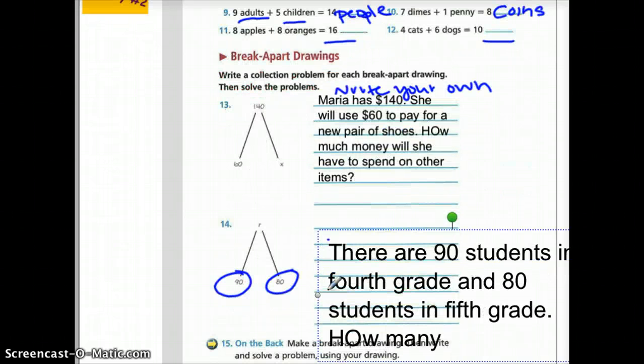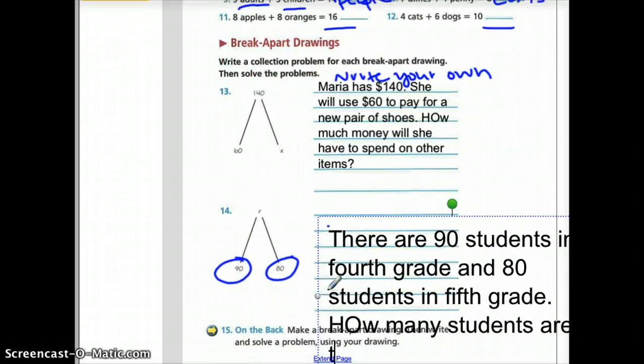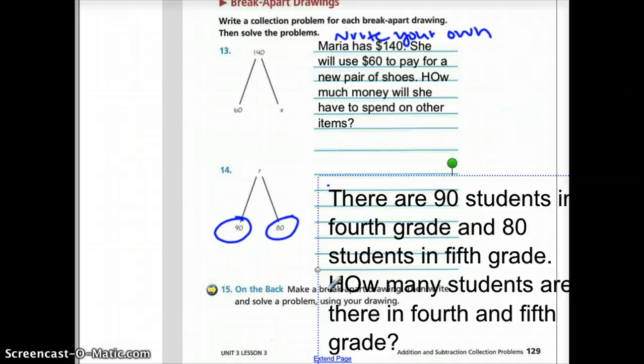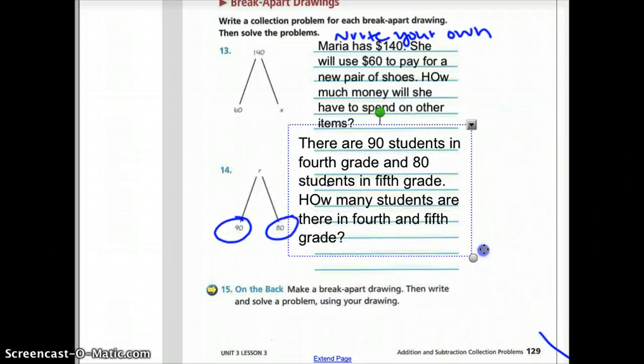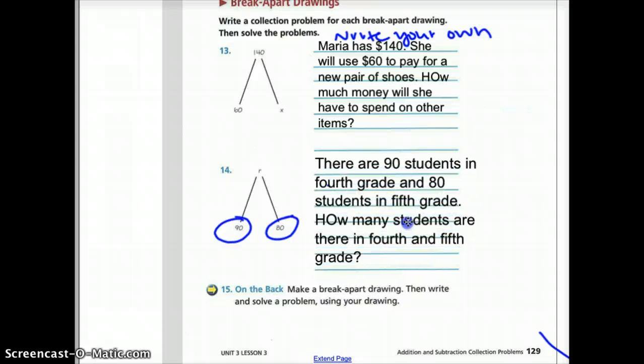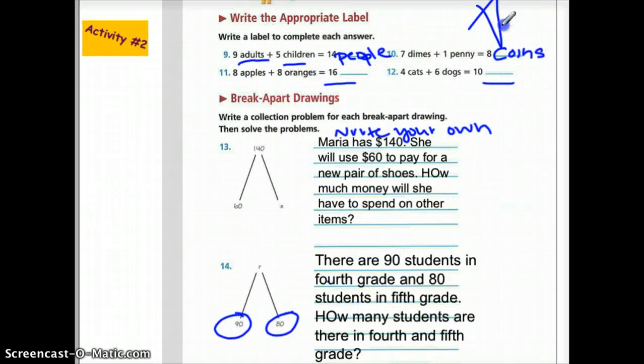How many students are there in 4th and 5th grade? All right, you can skip number 15. We are moving on, then raise your hand to get a star.